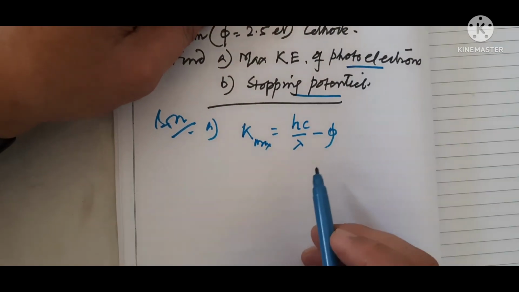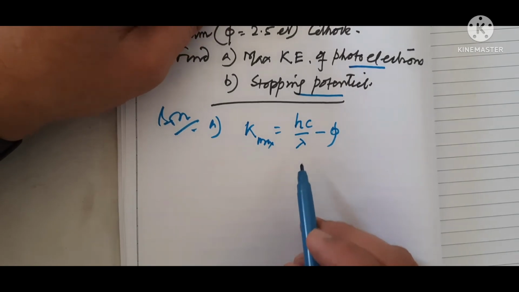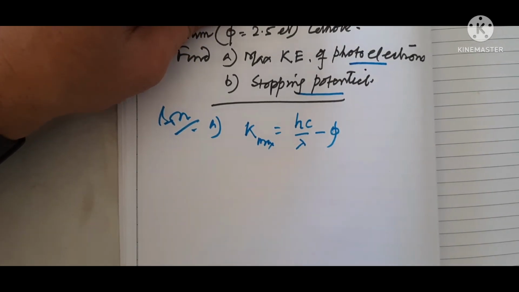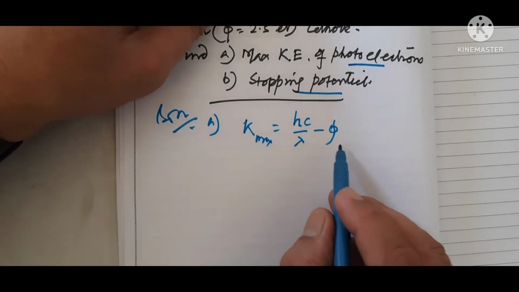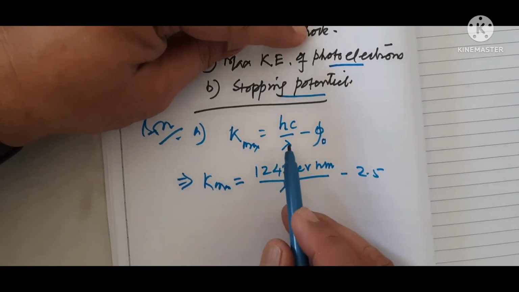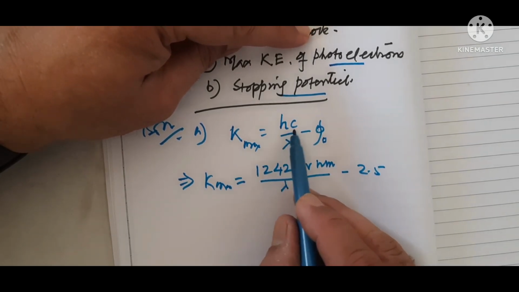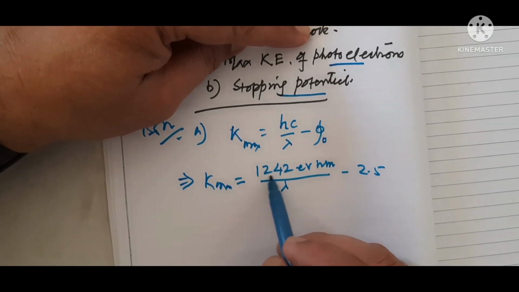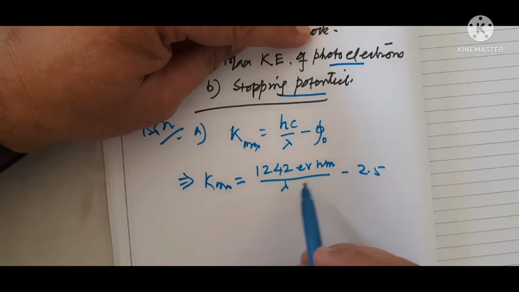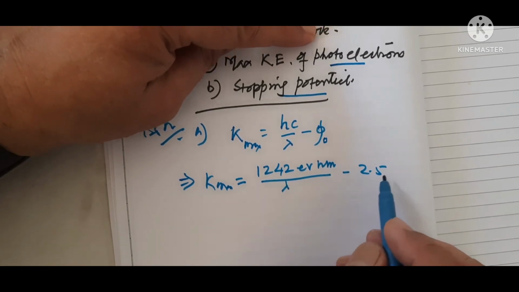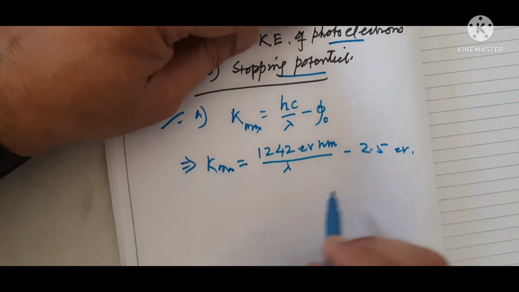Now this K max is equal to hc by lambda minus phi naught. In place of hc we are going to write directly 1242 electron volt nanometer by lambda, minus 2.5 electron volt, it is given.